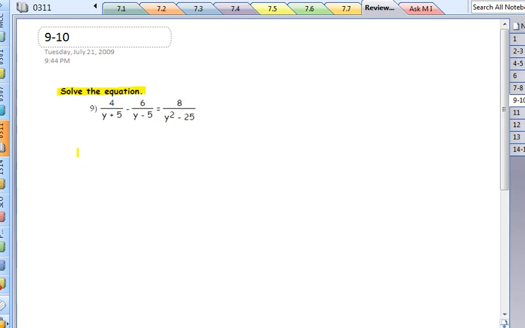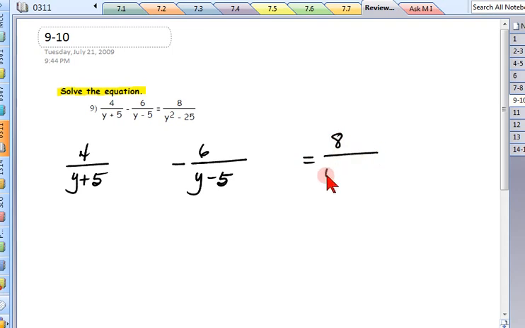So this is 4 over y plus 5, and I'm going to leave a little space, minus 6 over y minus 5, leave a little space, equal sign, 8 over y squared minus 25.